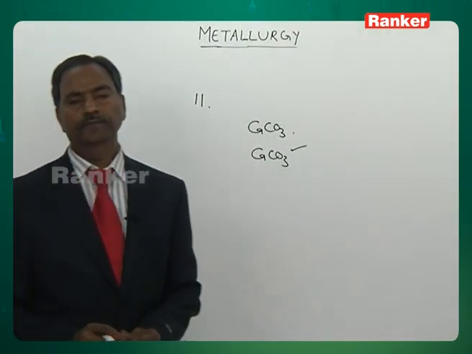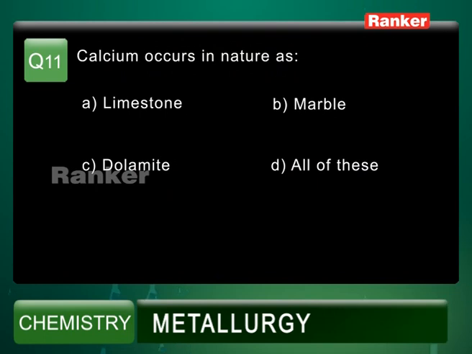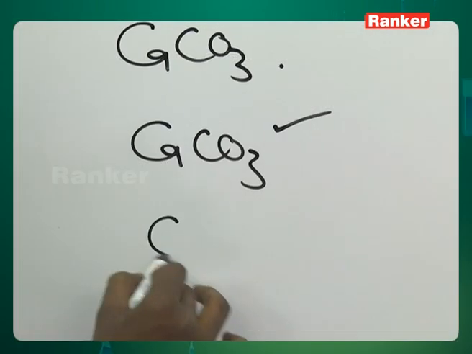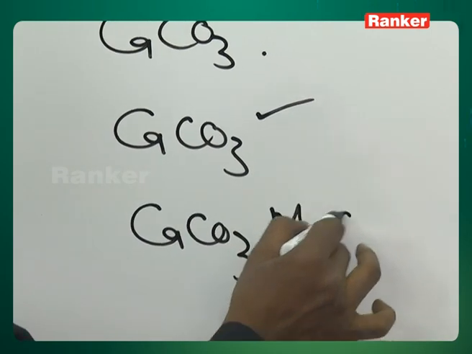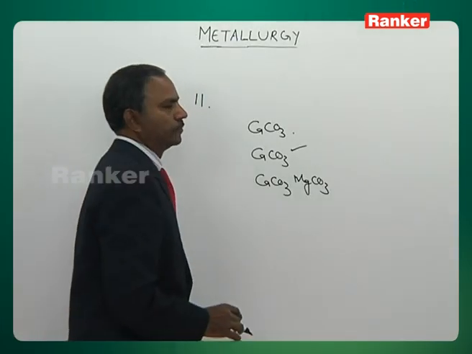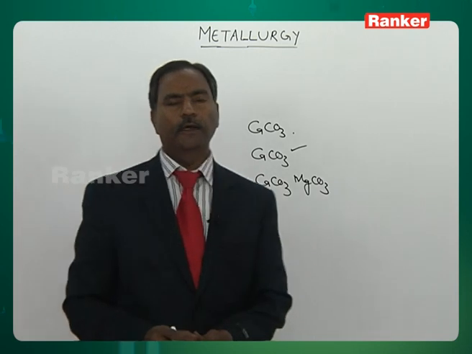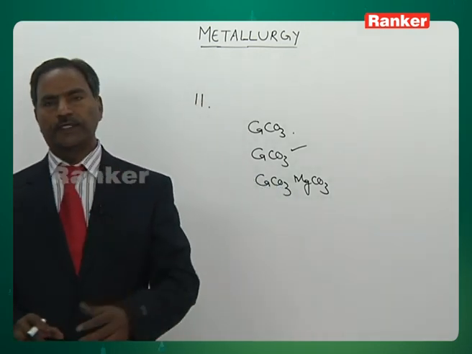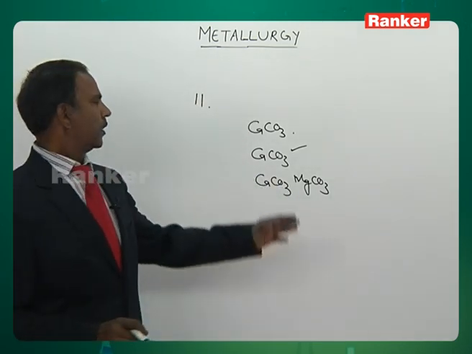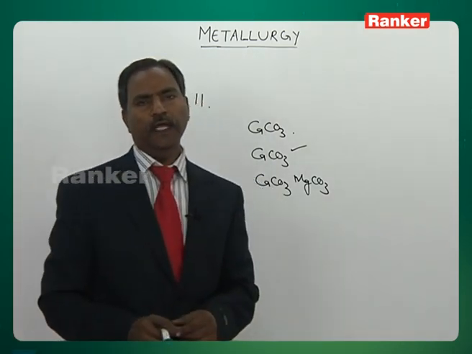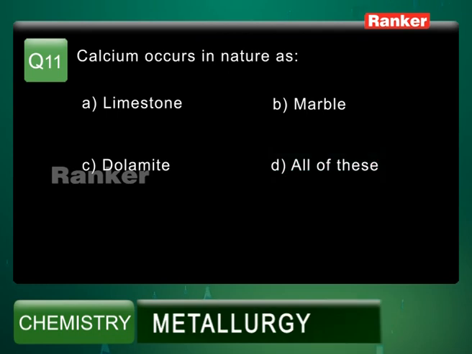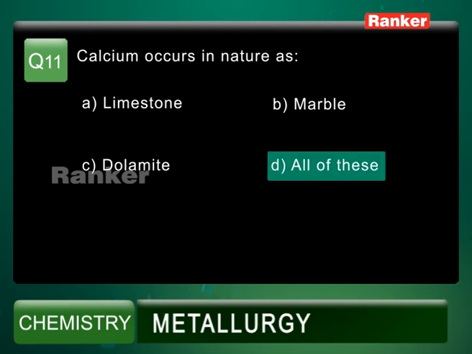Coming to dolomite, calcium carbonate and magnesium carbonate both are there. So, limestone, marble, dolomite, all are carrying calcium carbonate. Therefore, question number 11, answer is all, answer is D.